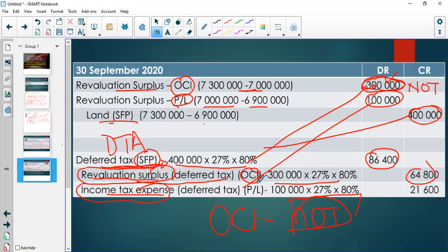But now when it comes to the portion that goes in the profit or loss, we debit the income tax expense, not revaluation, because then we have to show in the income tax expense line item in the profit or loss.